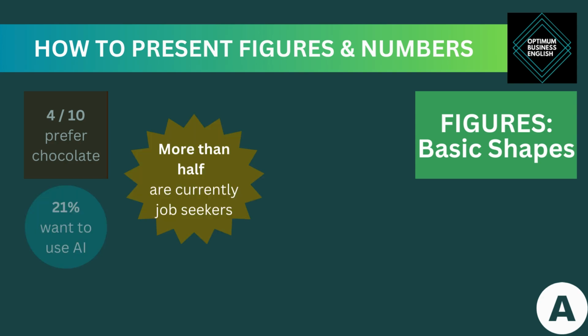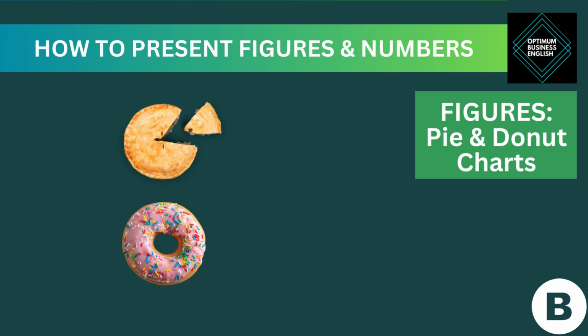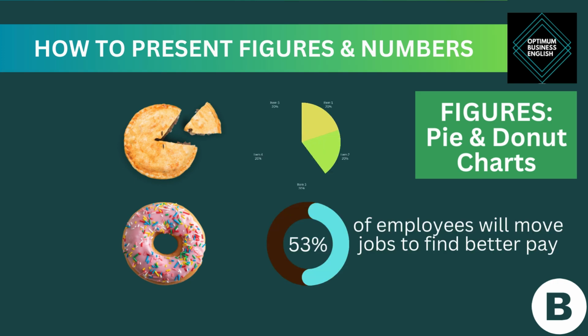Or you could even use a numberless fraction using words only, such as saying more than half. Moving on to the pie and donut types of charts. These show what size or slice of the pie or donut represents the number, or as a percentage result, such as saying that 53% of employees will move jobs to find better pay.